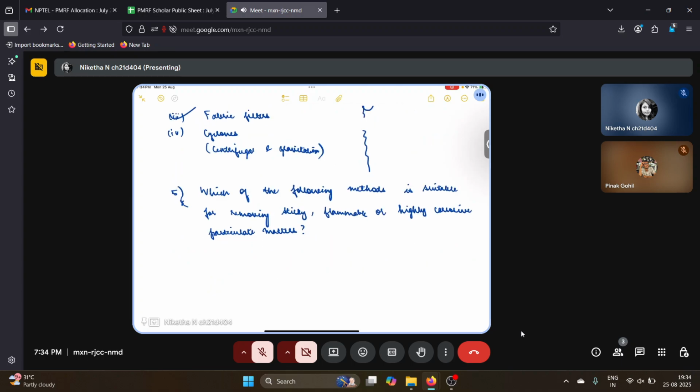So the question is, which of the following methods is suitable for removing sticky, flammable, or highly corrosive particulate matters?